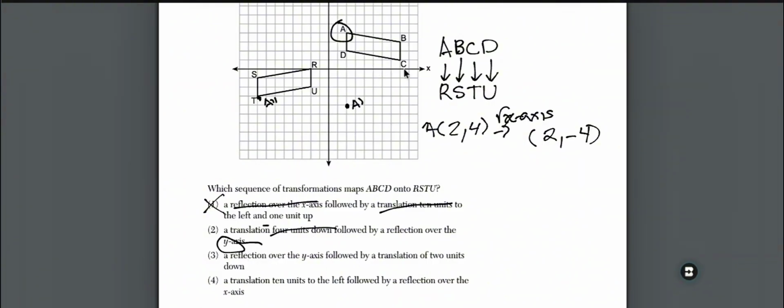So let's say I want C. So I know C must map onto T. So it first says translation 4 units down, so my C, let me just clear up the space a little bit.